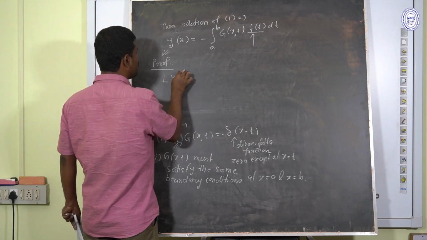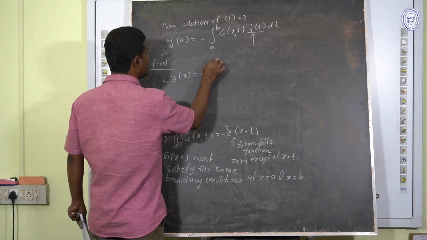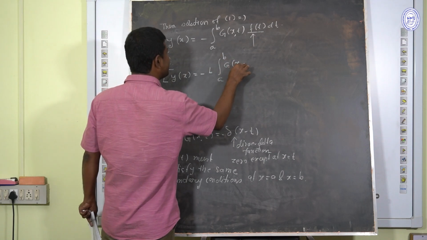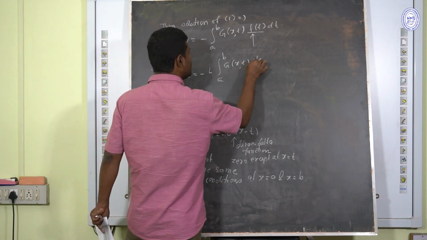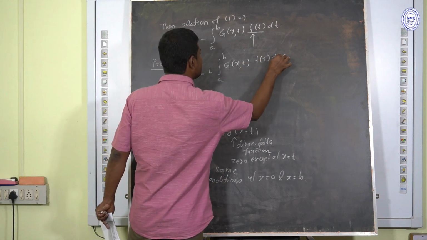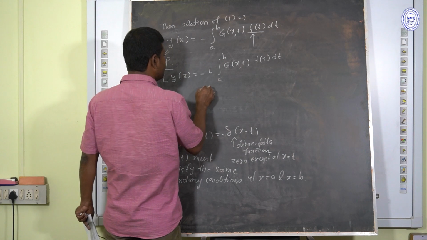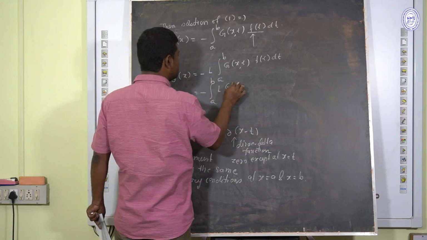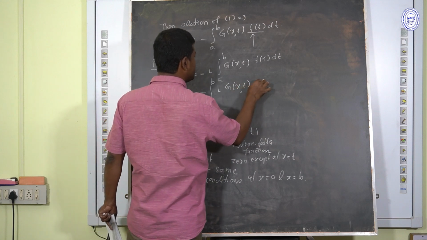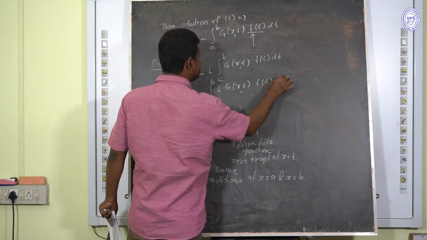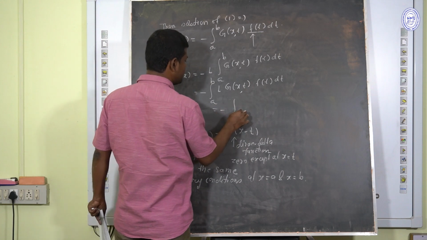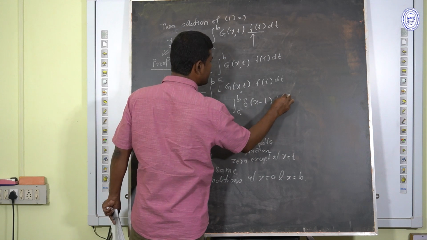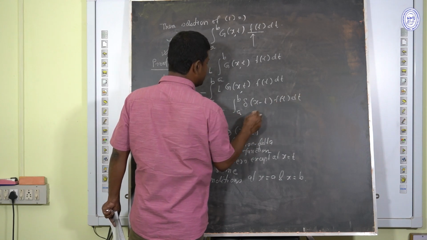Proof: L y of x equal to minus L integral from a to b of G of x comma t f of t dt, or minus integral from a to b of L G of x comma t f of t dt, or minus integral from a to b of minus delta of x minus t f of t dt.